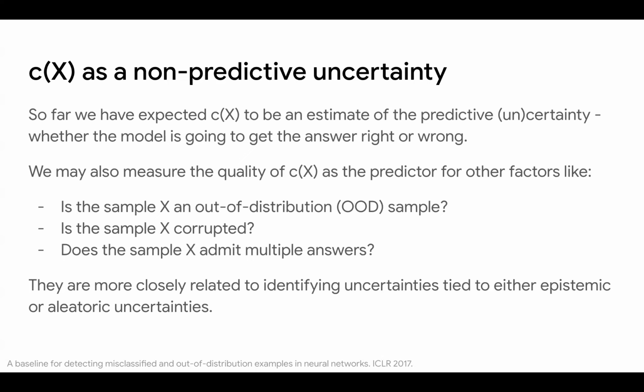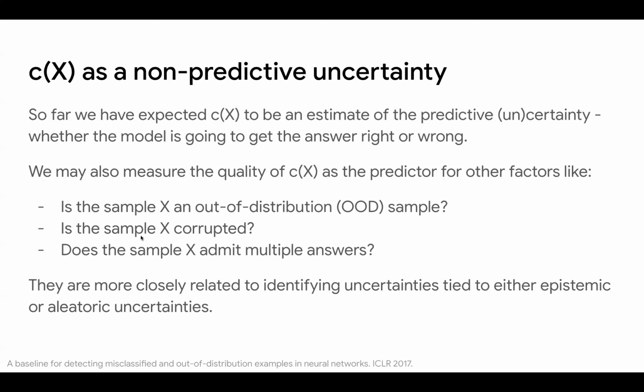That's not necessarily predictive uncertainty, because even if the sample is out of distribution, you may still get the answer right, and vice versa. So in a sense, C of X is now an OOD detector. Or there can be questions like: is this sample severely corrupted or not?